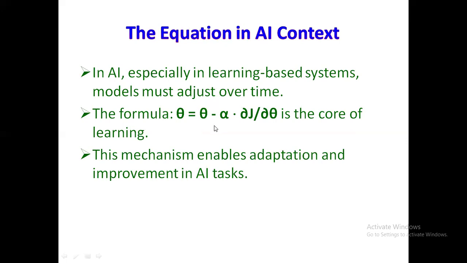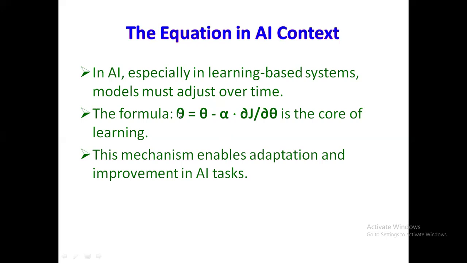This is a very, very important formula. This mathematical rule enables a model to minimize its errors and improve its decision making capability over time. By systematically updating its parameters, the AI system adapts and performs tasks like classification, prediction, and decision making with increasing accuracy. So these parameters we'll see one by one. First, theta.